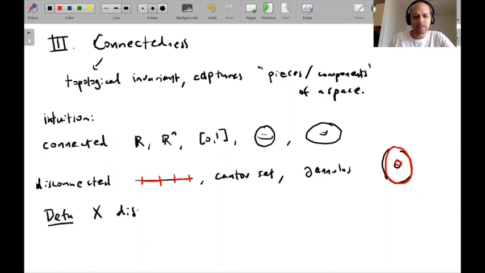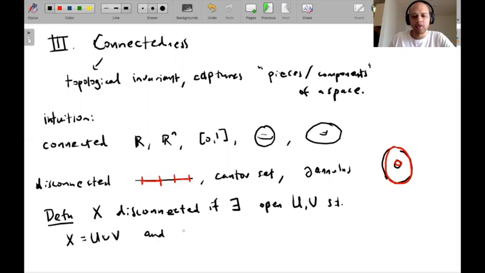So we say X is disconnected if there exist open subsets U and V, so that X is the union of U and V, and U and V are disjoint.